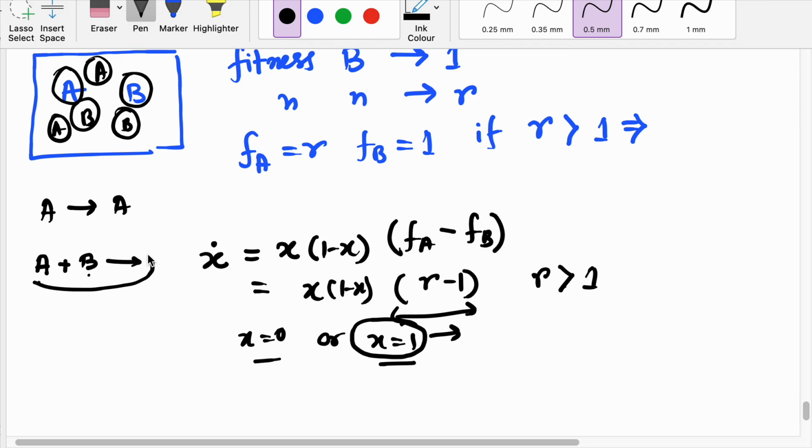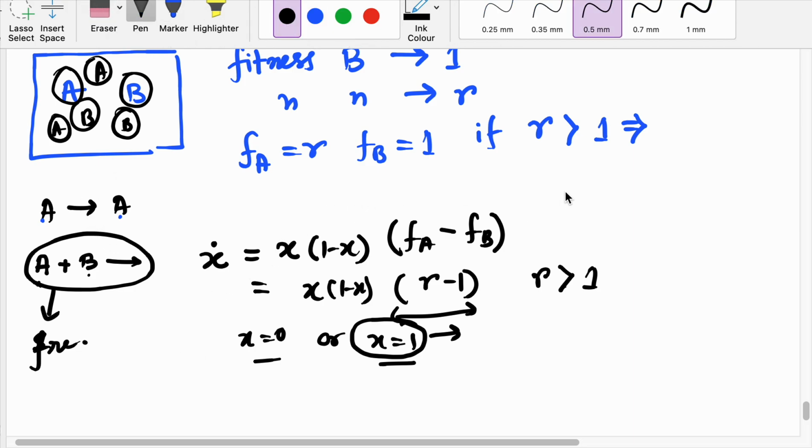Then naturally, if I consider this interaction, I see frequency dependent selection. And if I don't want to model reproduction by interaction, I only want to say that A is reproducing A with a constant rate. Yes, that is the thing.